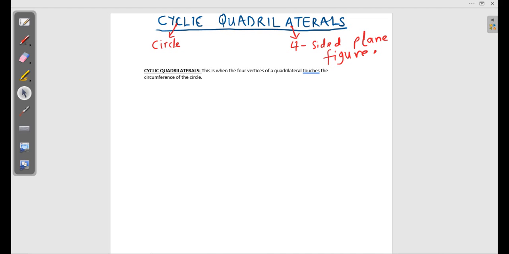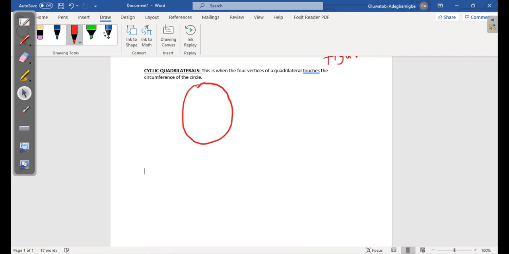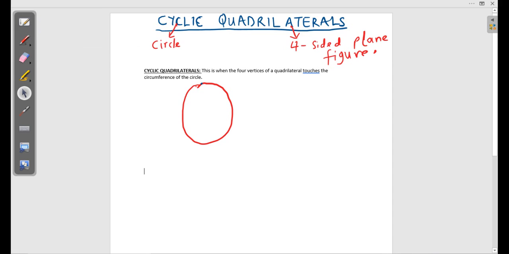So what we're saying in essence is, if I have a circle and on this circle I have points joined from here down here, from here down here, and I label them A, B, C, D. A, B, C, D are the vertices of a quadrilateral which is touching a circle.